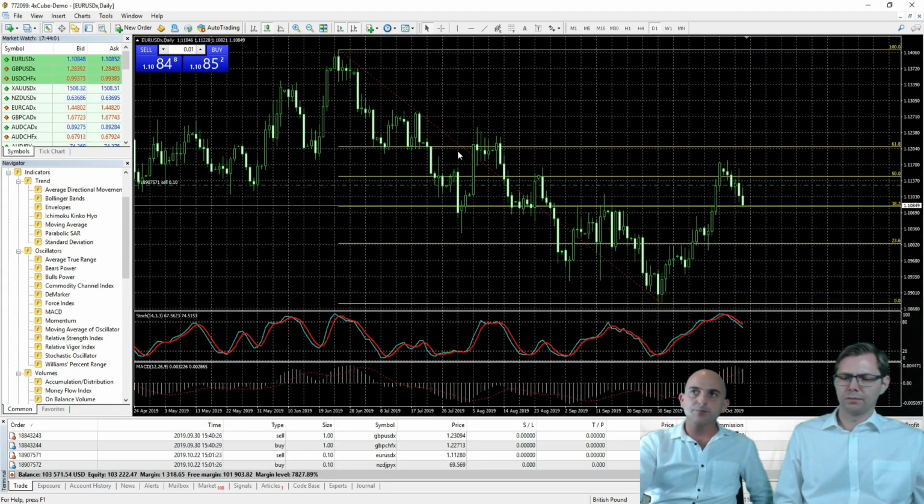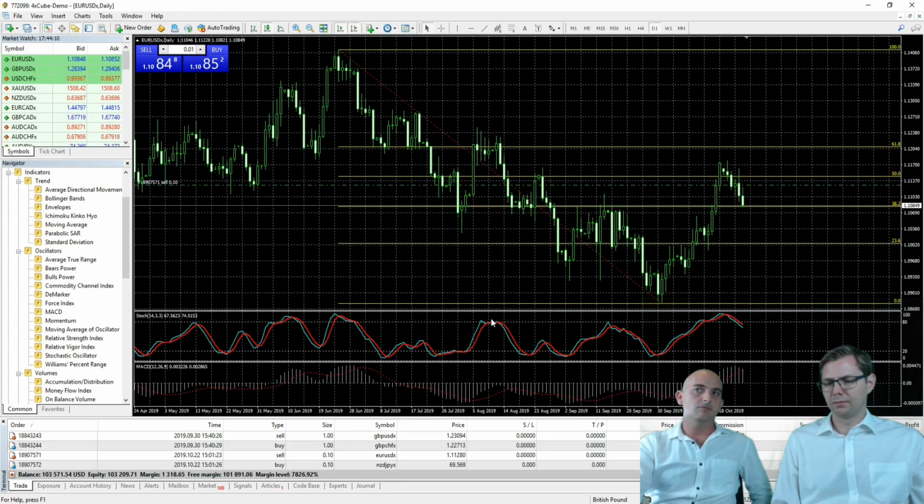But if you were getting confused whether or not the price action would break through this level, Stochastics could have given you a good indication at this stage that price speed is picking up, price momentum is picking up. There's a crossover here. It's sell time. It's time to sell.